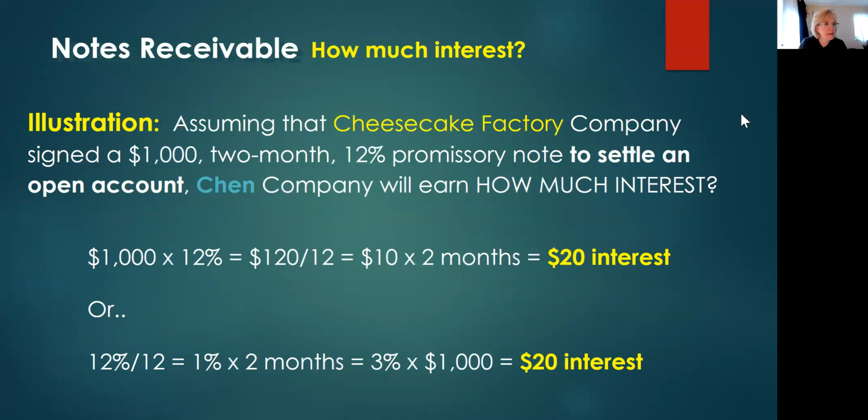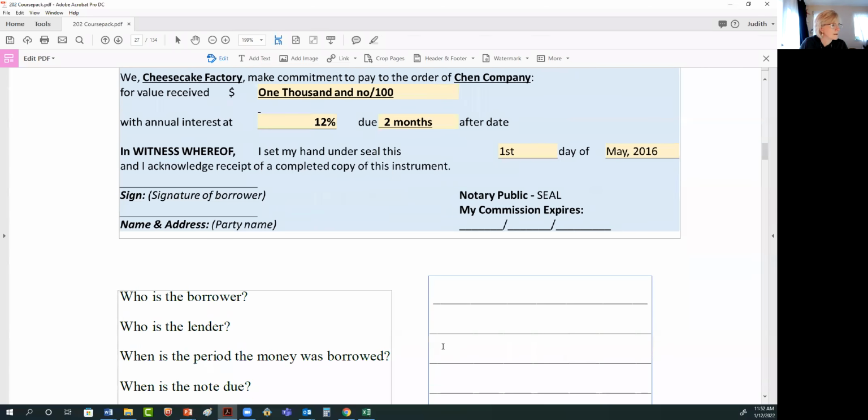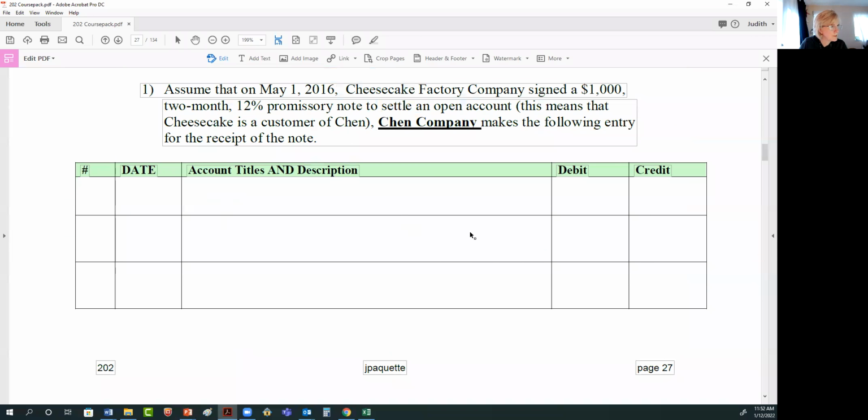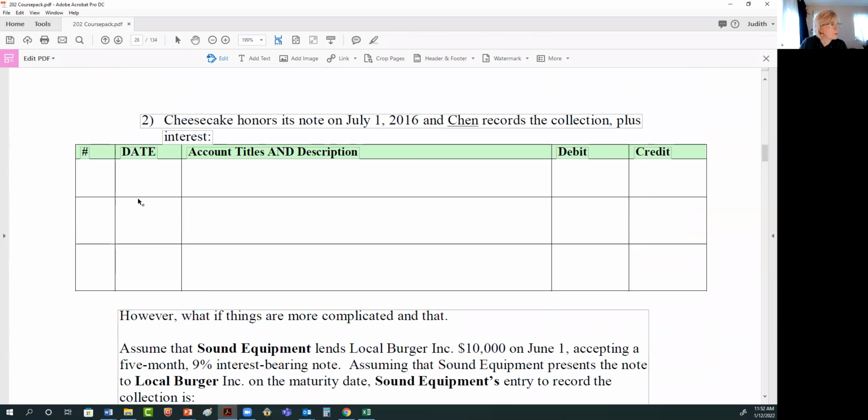I don't have a slide for that one, so let's go to your course pack. We issued the note here. Now, how do we settle this note? We call it honoring the note. Cheesecake honors the note here. What's the journal entry for Cheesecake to honor the note?